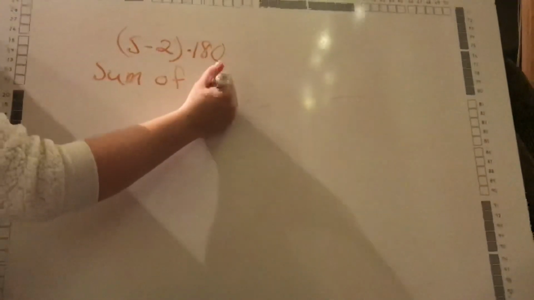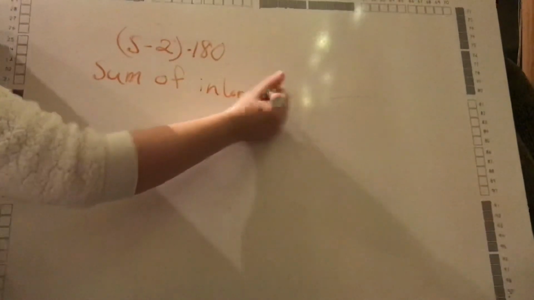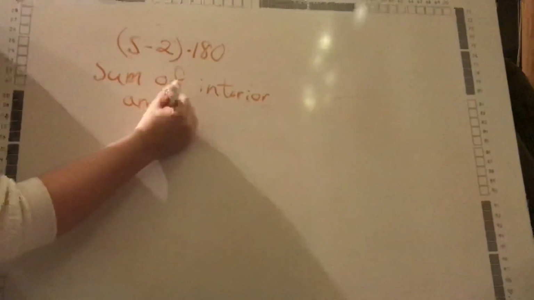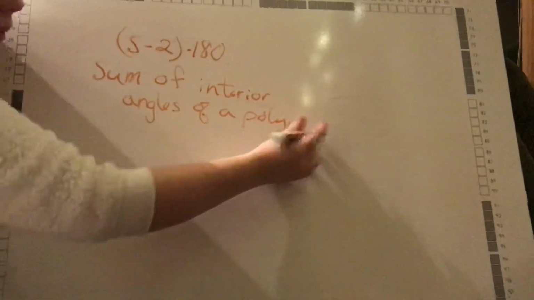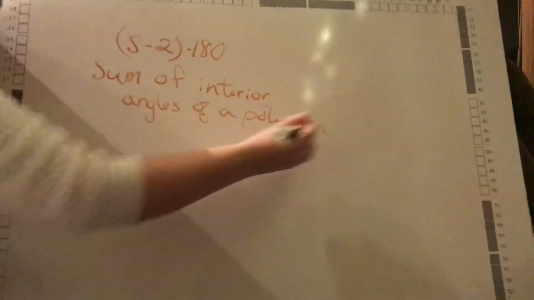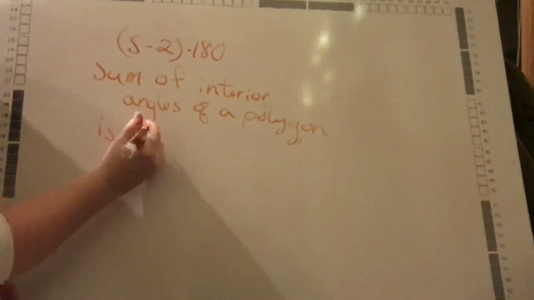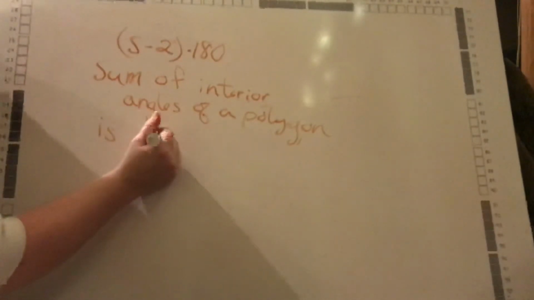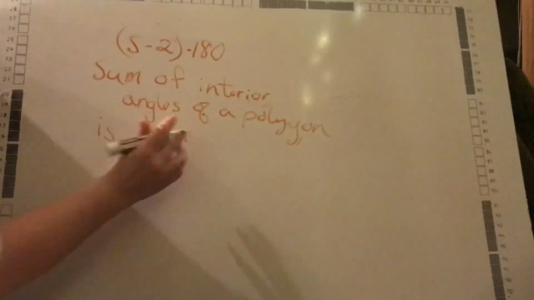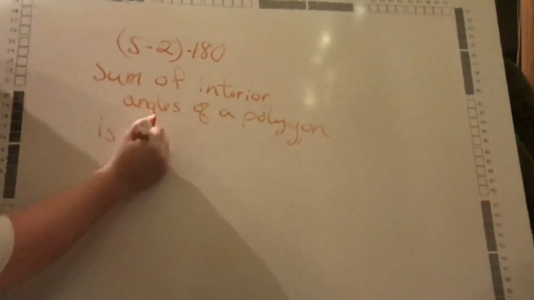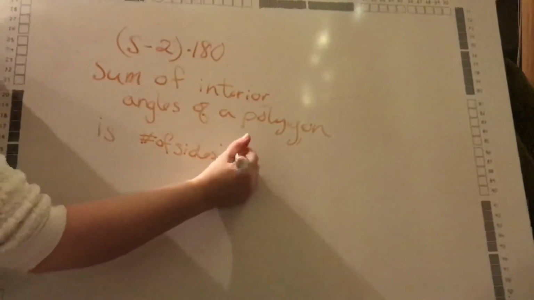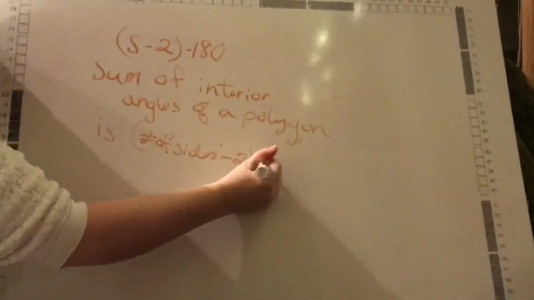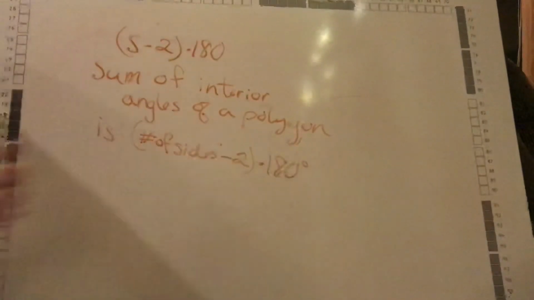The sum of the interior angles of a polygon is the number of sides minus 2 times 180 degrees.